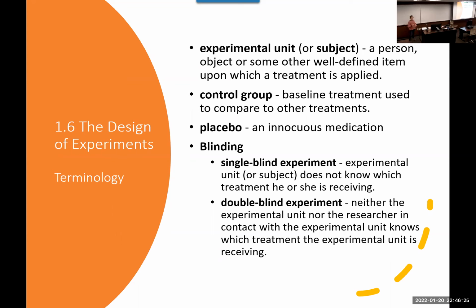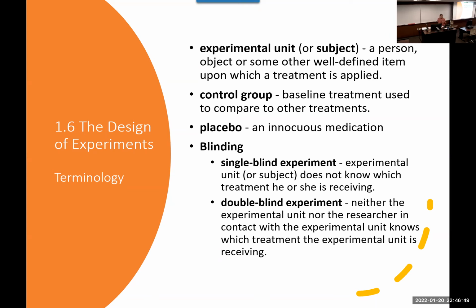So you have a single blind experiment where only the receivers don't know, and a double blind experiment where both the giver and the receiver do not know what they're receiving.